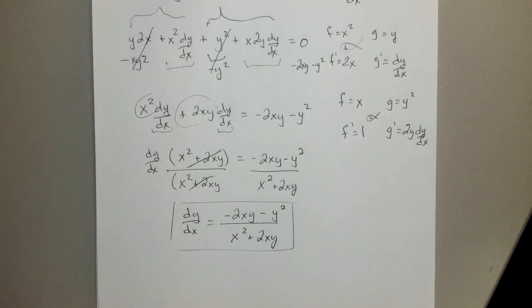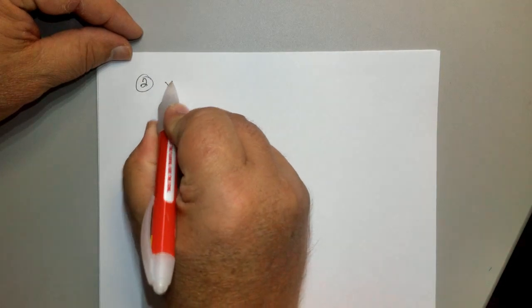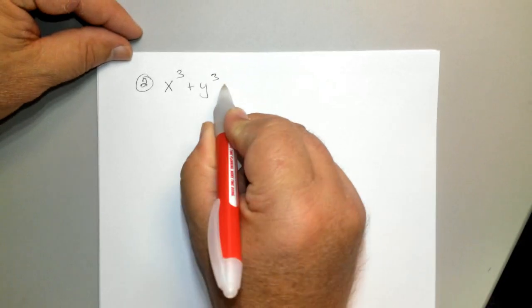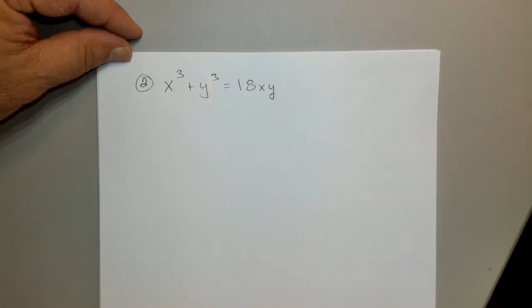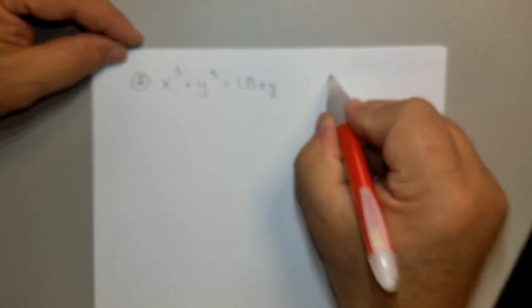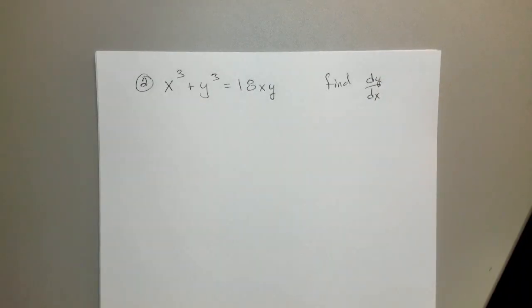Good choice. x cubed plus y cubed equals 18xy. Find dy dx.